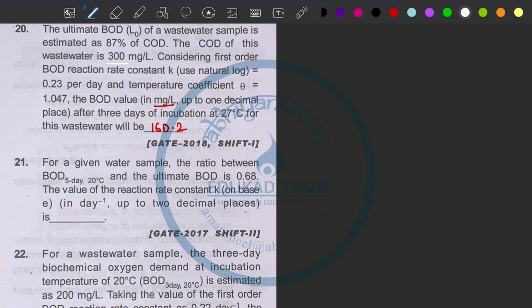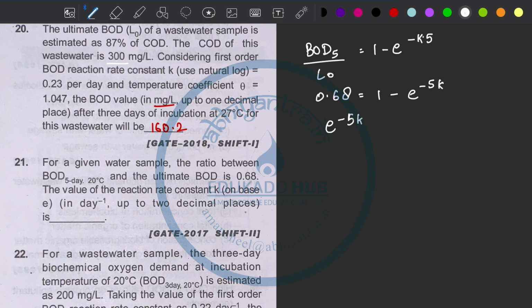BOD5 divided by ultimate BOD is equal to 1 minus e to the power minus k into time, which is 5. So 0.68 is equal to 1 minus e to the power minus 5k. So e to the power minus 5k is equal to 1 minus 0.68.